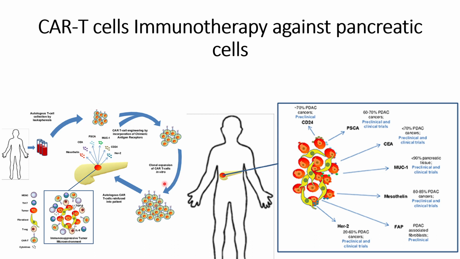After that, T cells are grown in vitro so that we will have enough population, and then T cells will be infused into the patient. In this case, since these are pancreatic cells, it is difficult to infiltrate the microtumor environment of the cells, as it is very dense, and it needs to overcome the immunosuppressive cytokines such as IL-6, TGF-beta, and the dense environment of this fibroblast and MDSC cells.